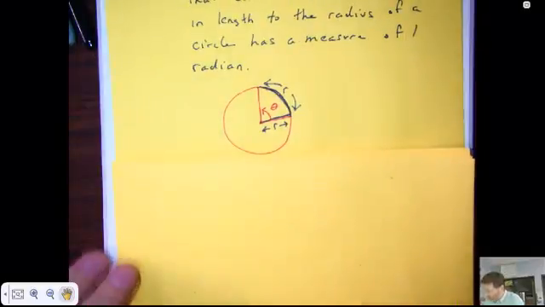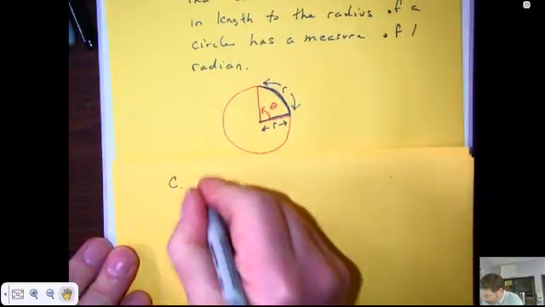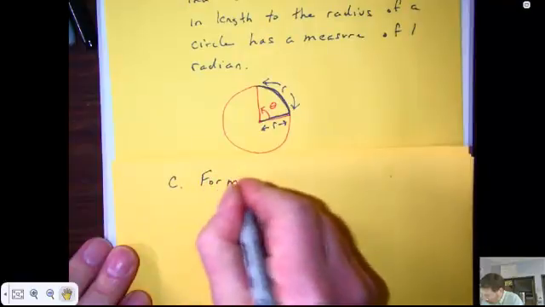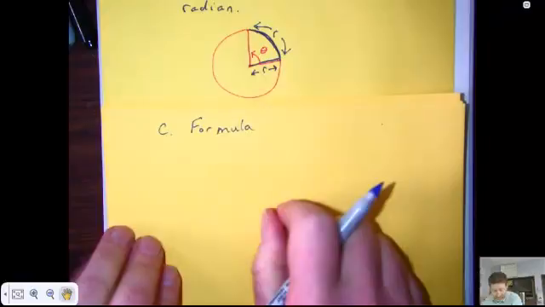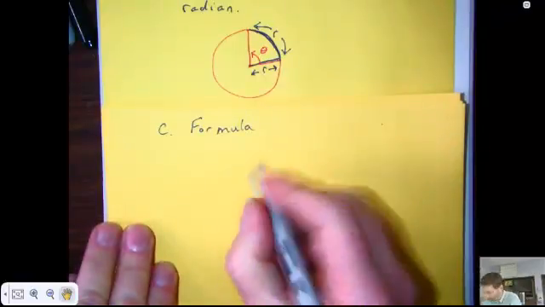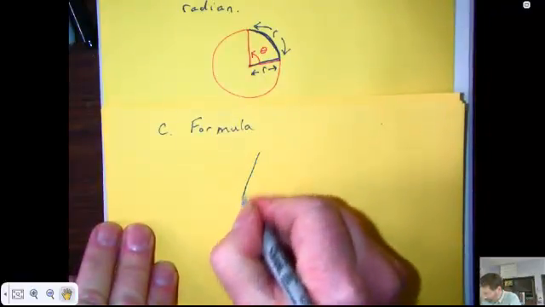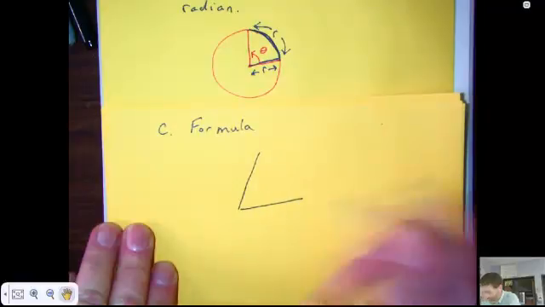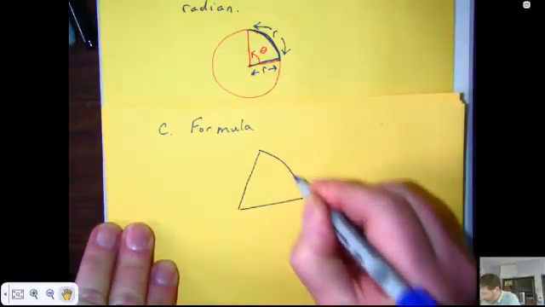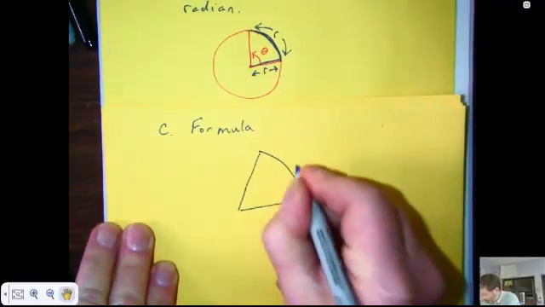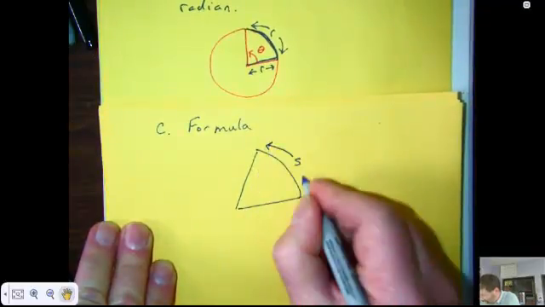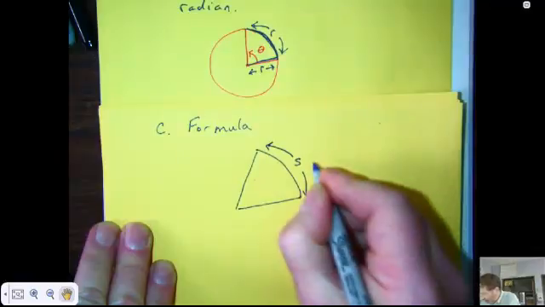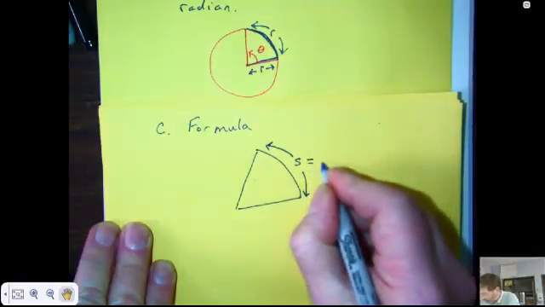So the formula for this, you can see here that we get this sector of a circle. So we're going to use an S for the arc length. S is this length from here to here. So this S equals the arc length.